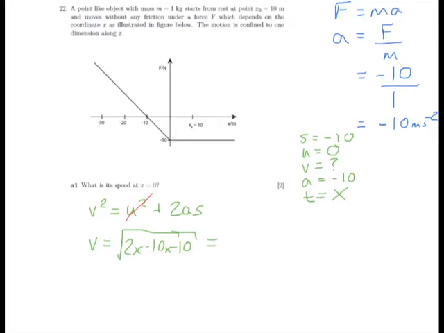So we get the square root of 200, which is equivalent, if we use some surds now, to the square root of 2 times the square root of 100. This will just help us work it out a little bit. We know that root 2 is about 1.4, and root of 100 is exactly 10. So therefore v equals 14 meters per second.